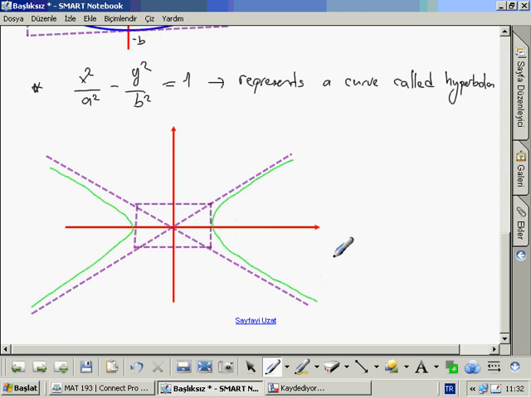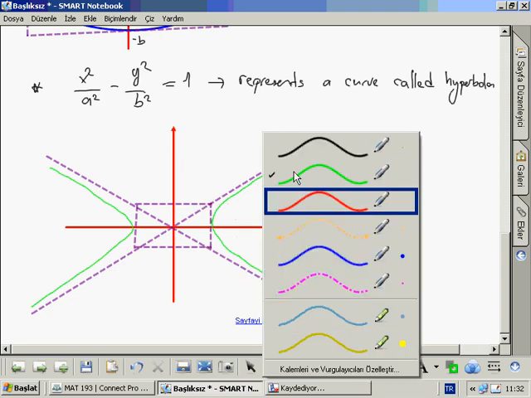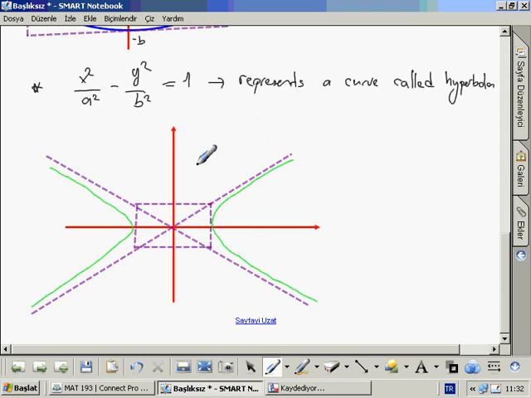These green lines are the hyperbola, with the points b, a, minus b, minus a, and this is the rectangle.